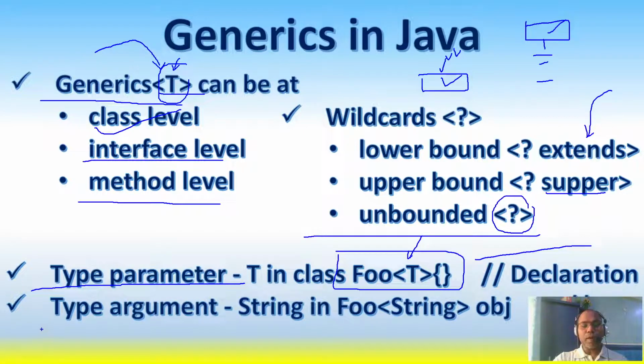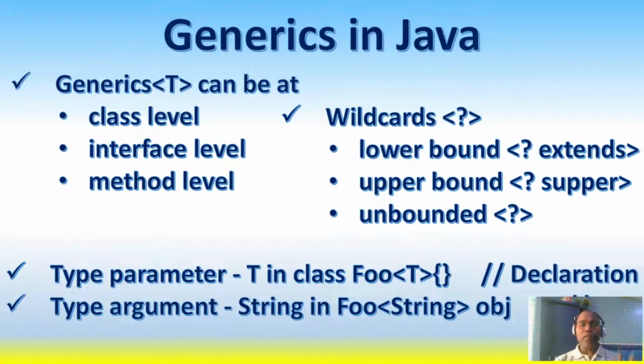But a type argument, as discussed, is the actual data type like string, int, float. Like in the case of the Foo class, you can pass Foo of Integer, Foo of Float. So String is the type argument. These are very easy ways. While writing code, please try to understand what it means, and how many times you are going to use it will help build familiarity.